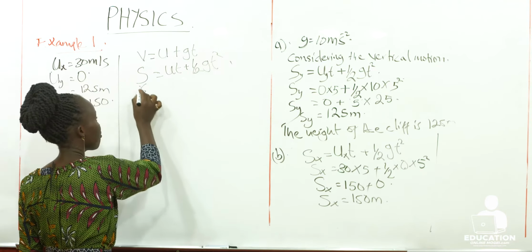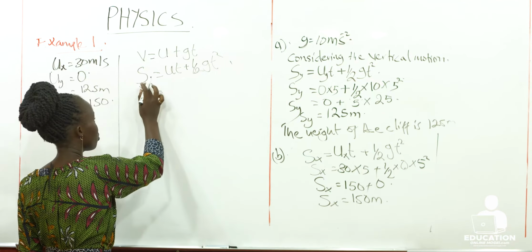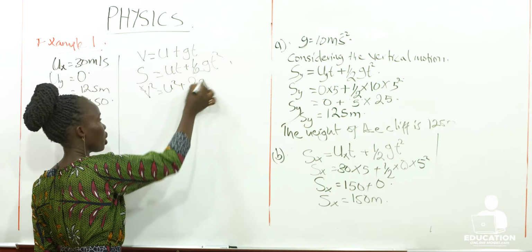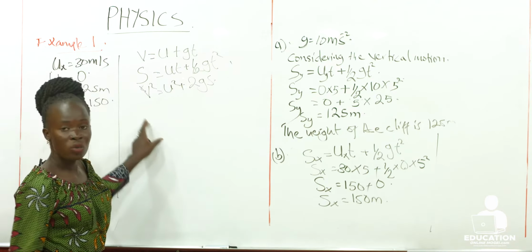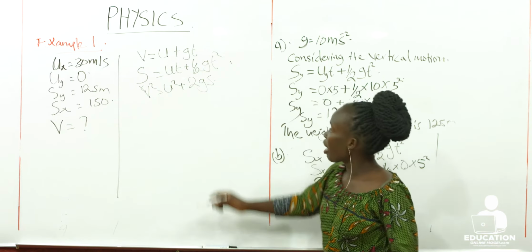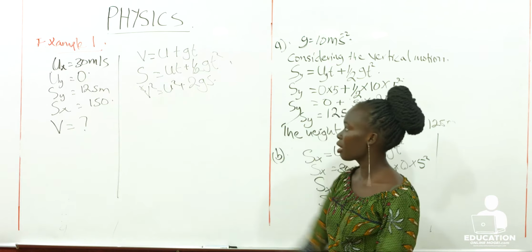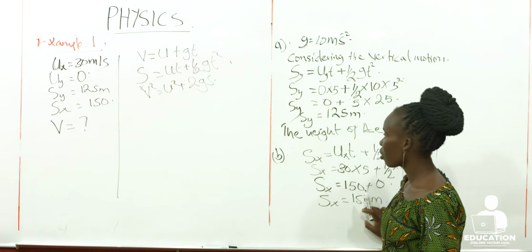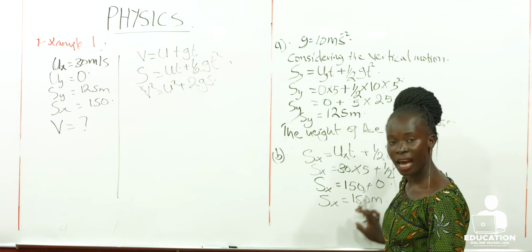We also have V squared is equals to U squared plus 2GS. Which one are we going to use? If you look at the first and the second, we calculated their distances already. We found we have the S.